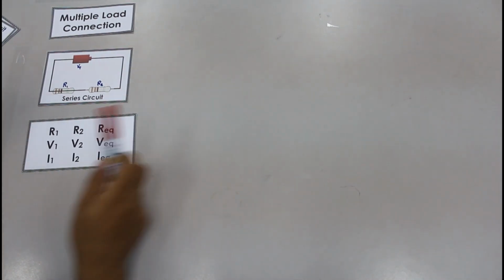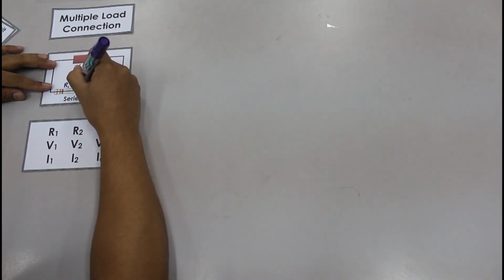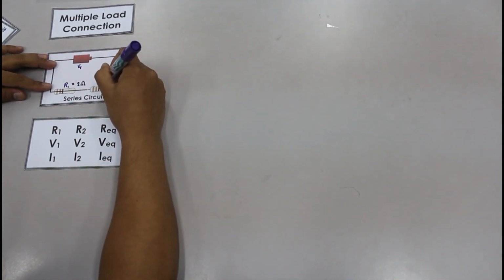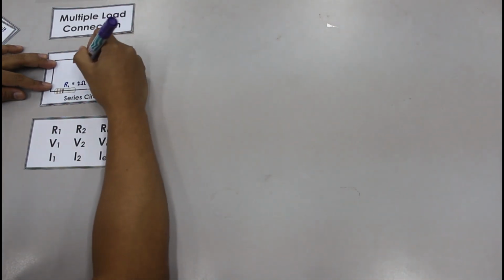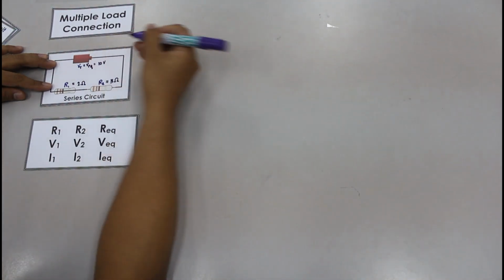In solving problems involving series circuits, it's important for us to be guided as to what are the given in the problem. Say, let's consider the following given. Let's consider R1 is equivalent to 2 ohms, R2 is equivalent to 3 ohms, and the total or the equivalent voltage is 10 volts.